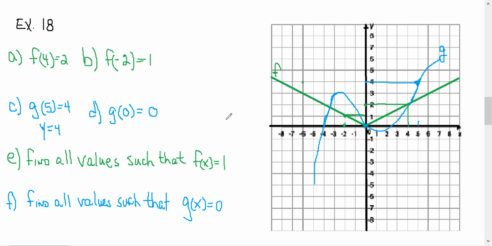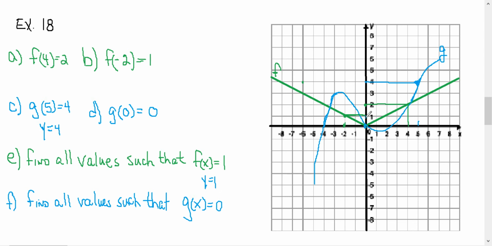All right, good. So next, we're going to go the other way, because now they're going to tell us what y is, and we've got to figure out where x is. All right, so find all the values such that f of x equals 1. So let's see, I'm going to say when y is 1, because f of x equals y, it's saying when y is 1, what is x?